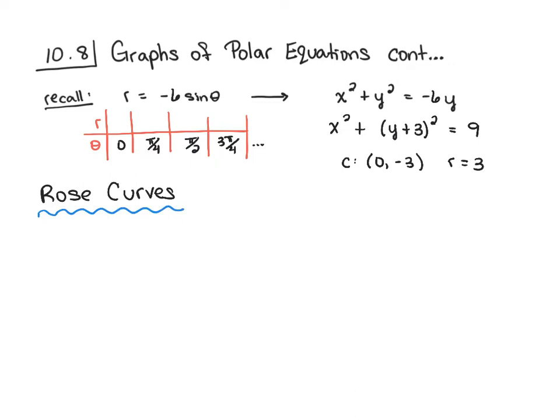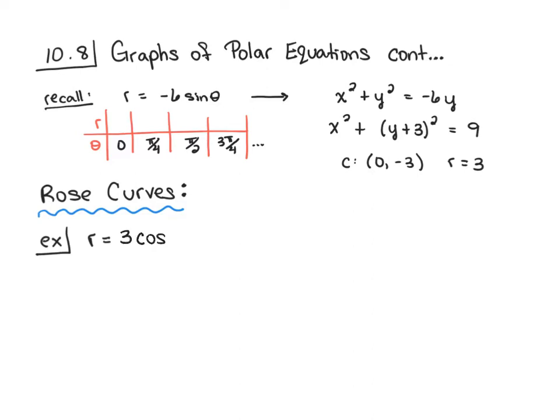They are called rose curves because when you graph them, they look like flowers. So let's take an example like r equals 3 cosine.